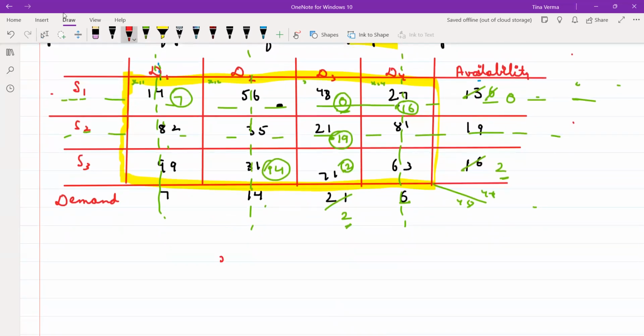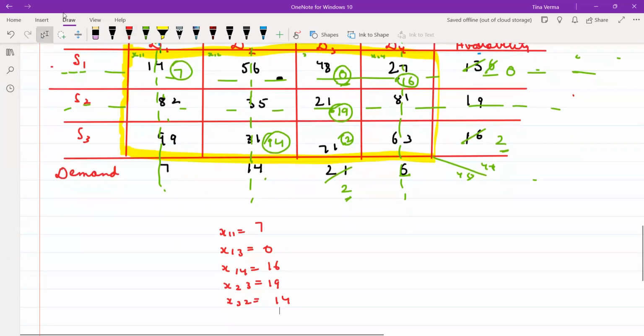So you have value as x11 is your 7, x13 that is your 0, x14 that is your 16, x23 that is your 19, x32 is 14, and your x33 that is your 2.